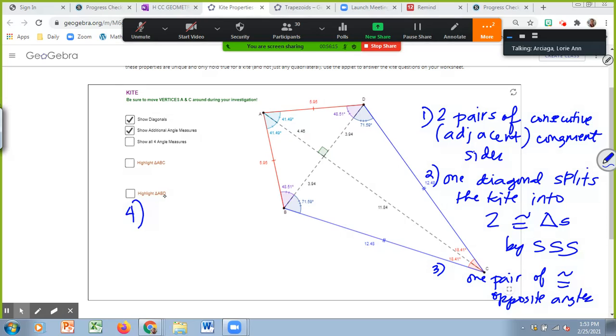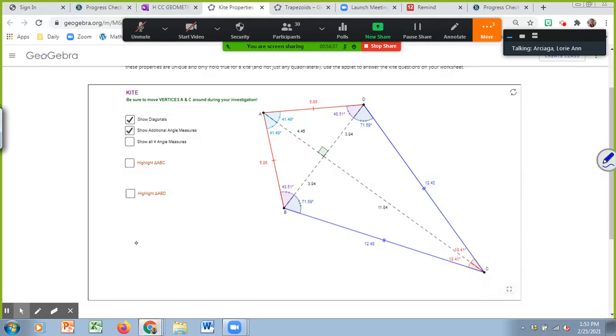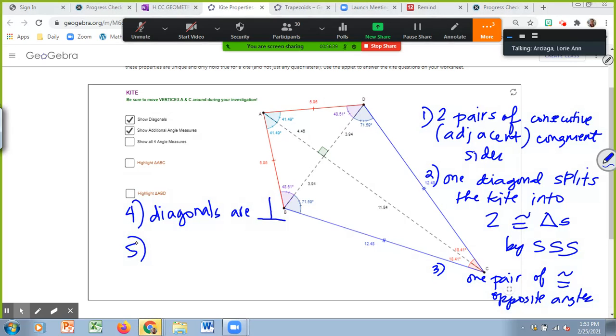Alright, so for number four, if you look at the diagonals, look at that. What kind of angle do you see in the middle right there? Let's write it down. Very good, so diagonals are perpendicular. Very good, Maggie. They form a right angle. And look at this: 41, 41, 18, 18. Earlier, these were the angles that were congruent to each other.